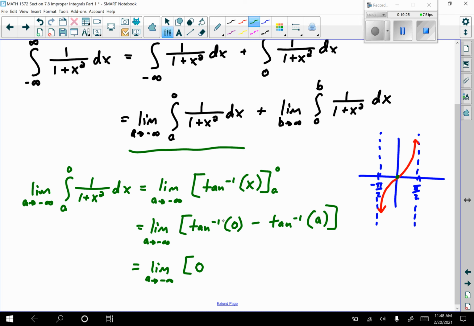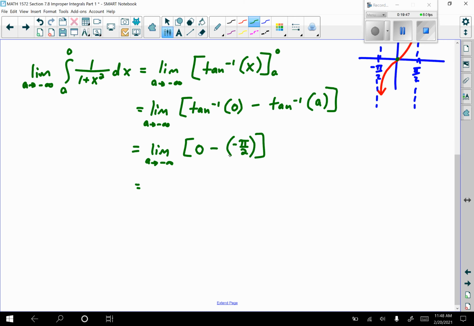So inverse tangent of 0 is still 0. Now, as a keeps approaching negative infinity, my radian measure is getting closer and closer to negative pi over 2. So then the inverse tangent of a, as a approaches negative infinity, still have a minus, is going to be negative pi over 2. So now this becomes positive pi over 2.